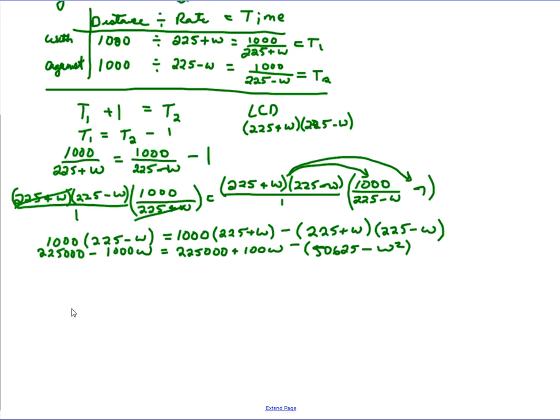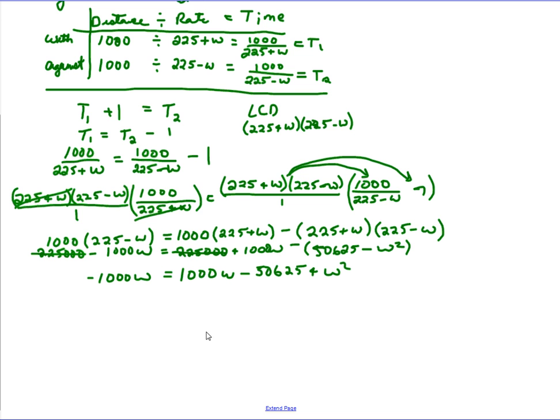Interesting. Okay, so let's work through what's going to happen right here. I know that if I subtracted 225,000 from both sides, that term would cancel. So in fact, we're left with negative 1,000 W equals positive 1,000 W minus 50,625 plus W squared.